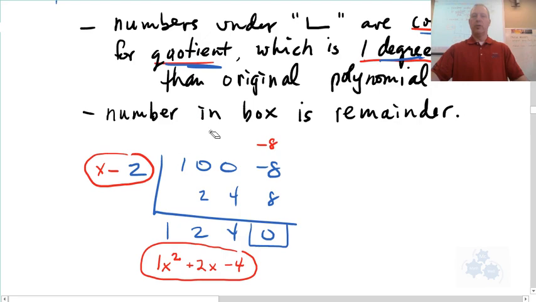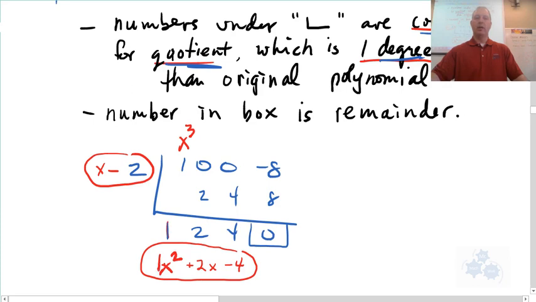And so I will show you that these numbers listed here, the 1, 2, and the 4 that we got, are the coefficients for the quotient polynomial. This original polynomial was an x cubed, and so this is going to be x squared, one less.